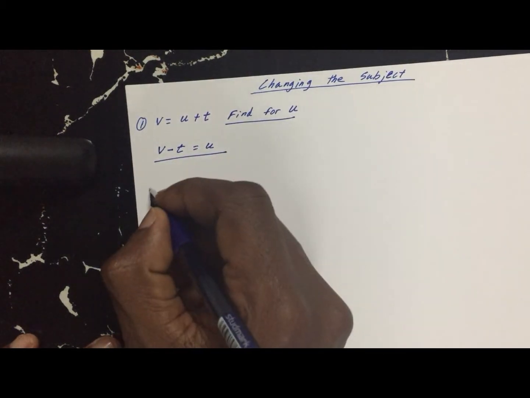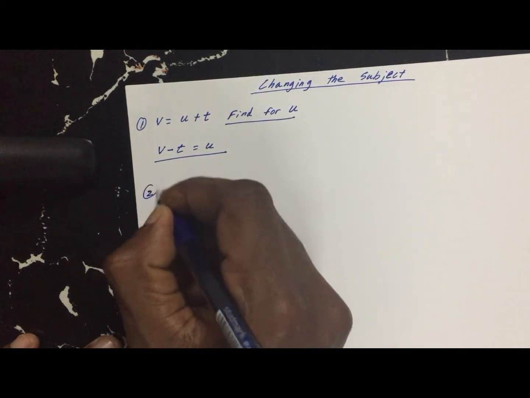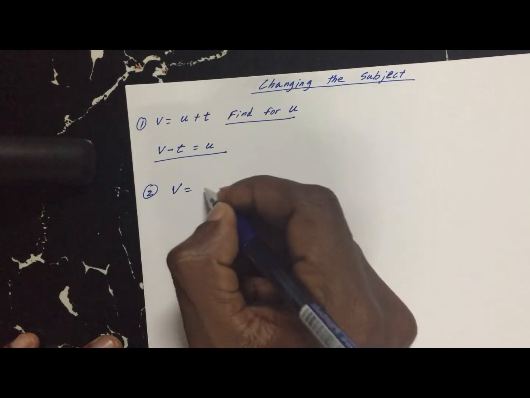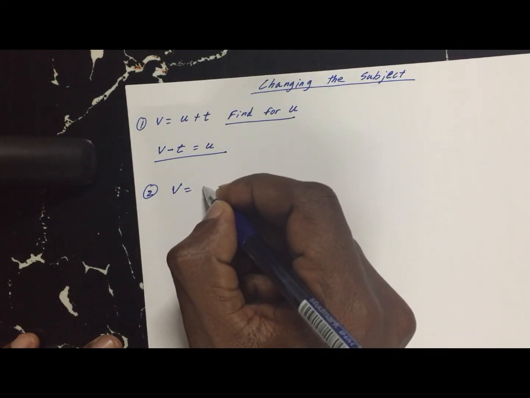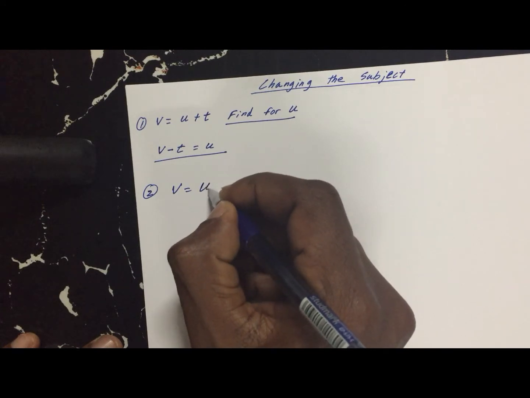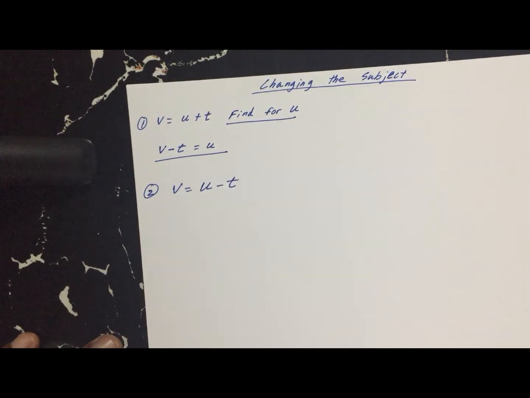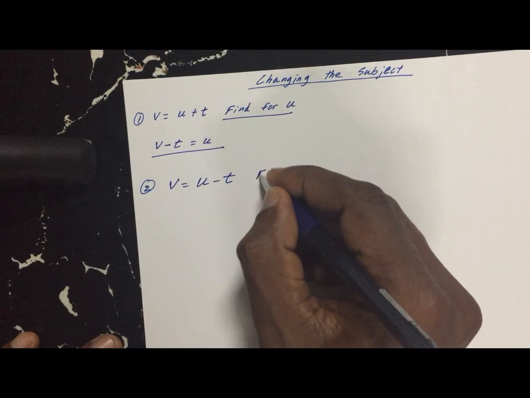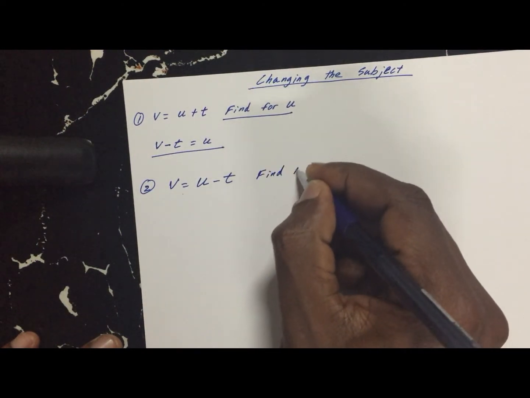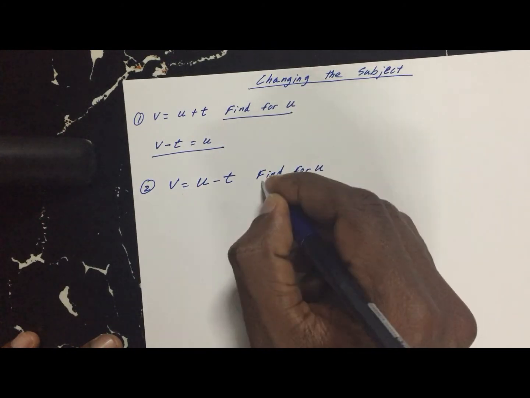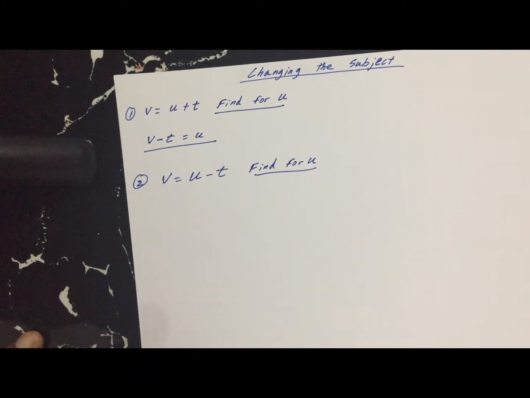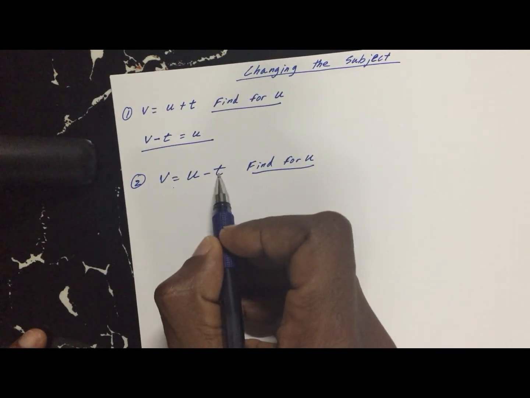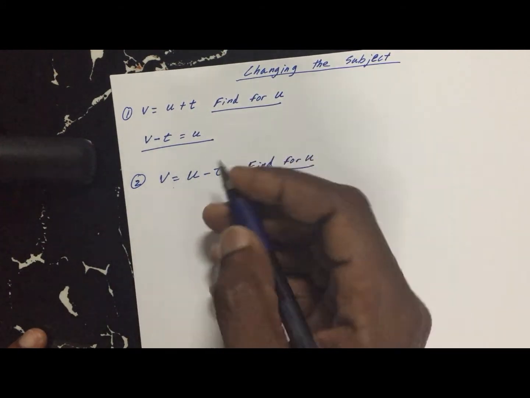Alright, let's see what we would do with the second one. The second one, we have v is equal to u minus t. Now, this is the same, finding for u. Basically what we do, finding for u, we take this minus t and bring it across the equal sign.